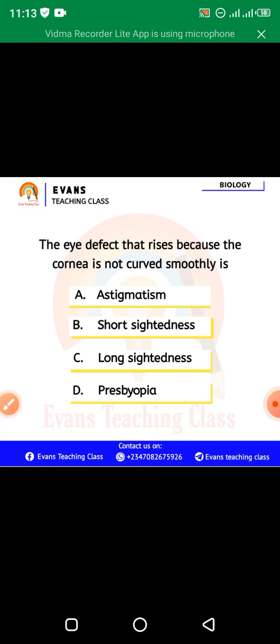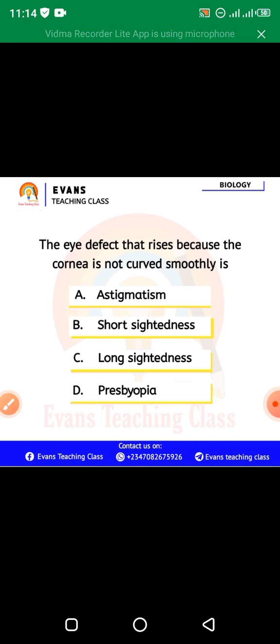Also option B, short-sightedness, another name for which is myopia, occurs when the image forms before the retina, so it can be corrected using a concave lens.